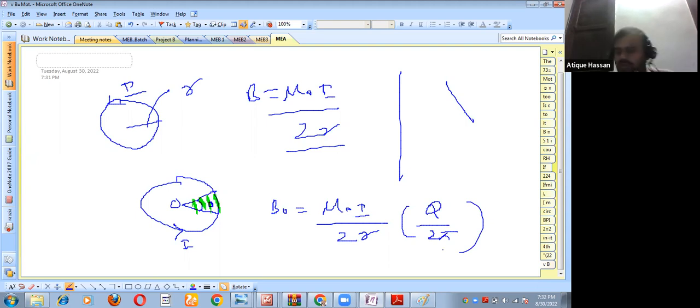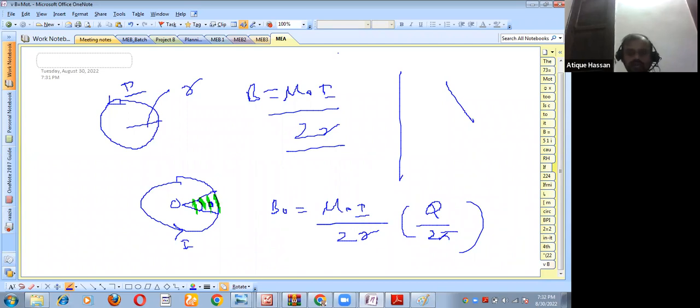Understood? We cannot write the magnetic field due to a circular arc as mu naught I by 2R, which was the mistake in the formula in the previous explanation. Did you understand this formula? If you understood it, we can easily solve that question.